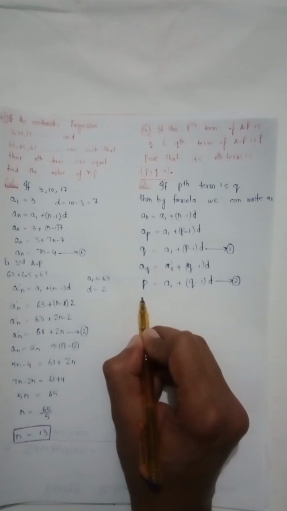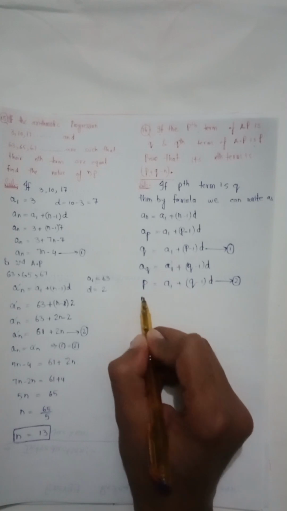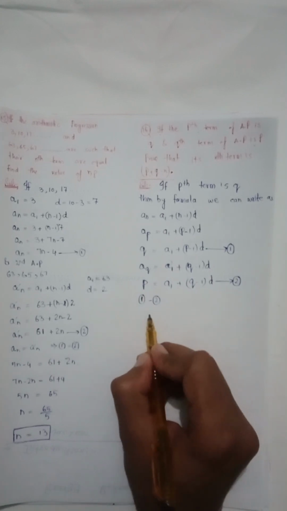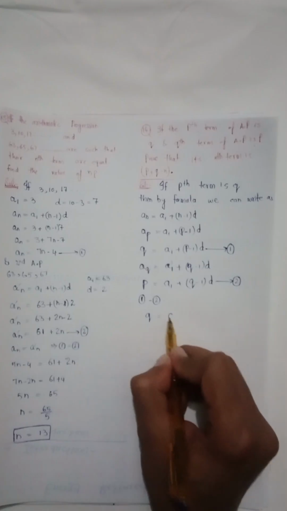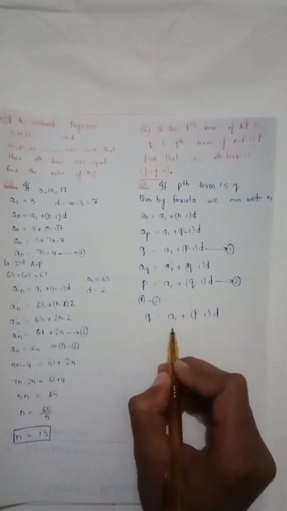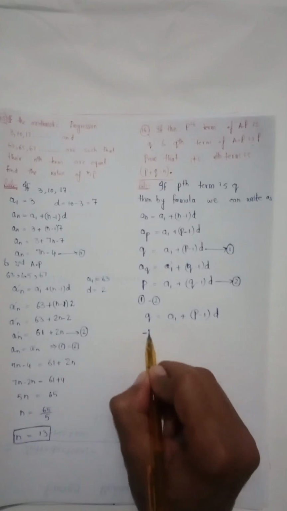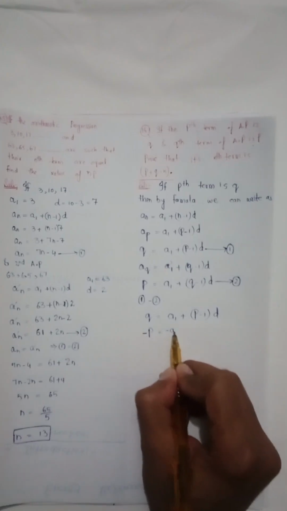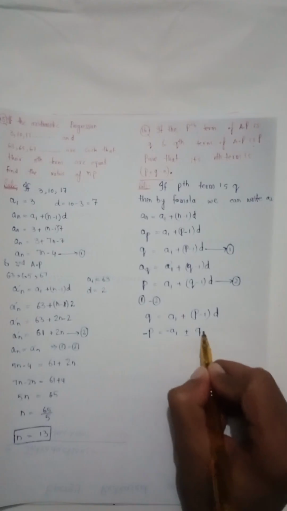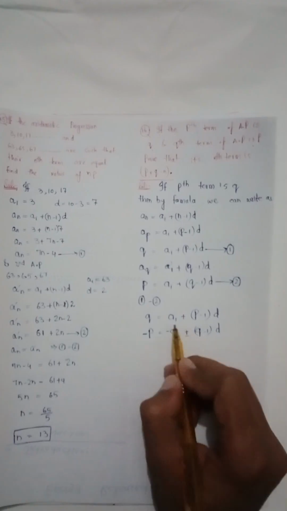Now subtracting 1 and 2, we get q equals a1 plus p minus 1 into d, and minus p equals minus a1 plus q minus 1 into d.